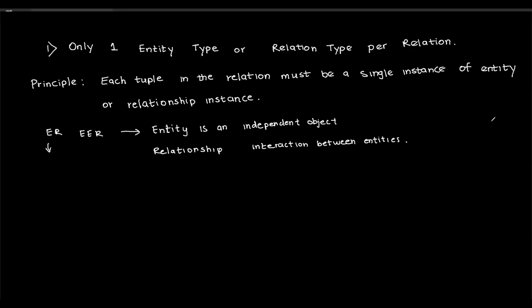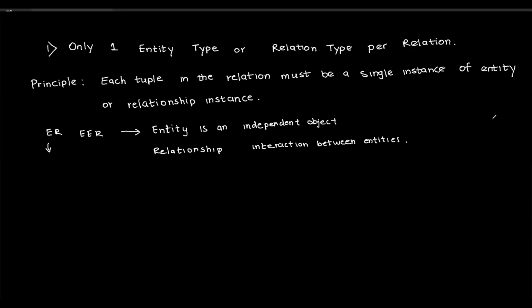When you convert the requirements you have analyzed into a conceptual design like an ER diagram or EER diagram, you make sure that each entity is an object or logical concept. For example, it can be a person, a place, or an event like marriage, divorce, death.